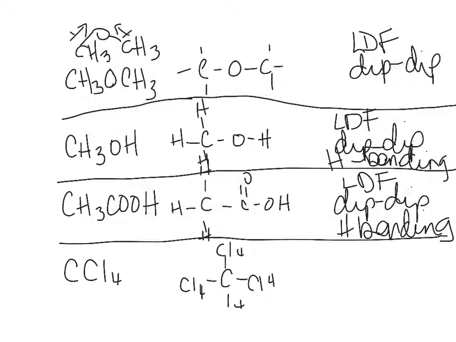Now, this is going to have 2 sites for hydrogen bonding. This can make hydrogen bonds. This can receive hydrogen bonds, because it has lone pairs of electrons on the oxygen.